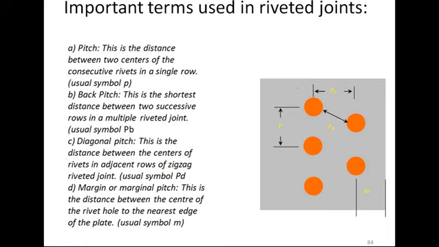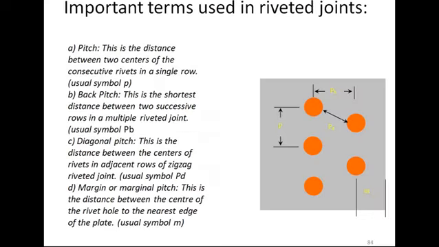While we are going to make a riveted joint, we need to keep in mind what type of rivets we want to use. We have already discussed that the rivets we are using make permanent joints.